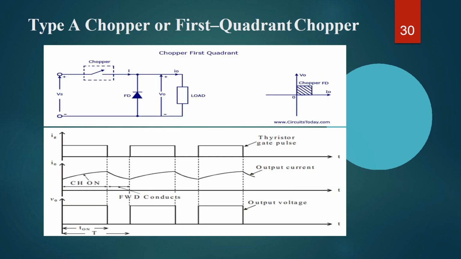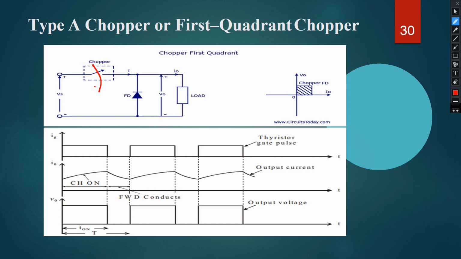So now let us come to the example of type A chopper. That means the first quadrant chopper operation. So in this type of chopper, you see, it is the normal step down chopper.